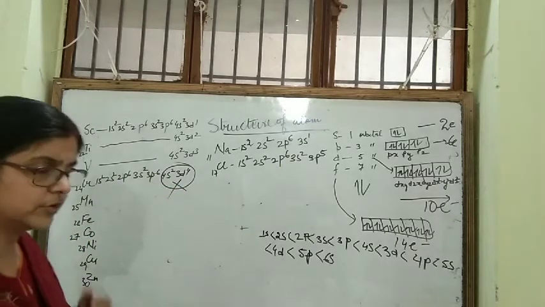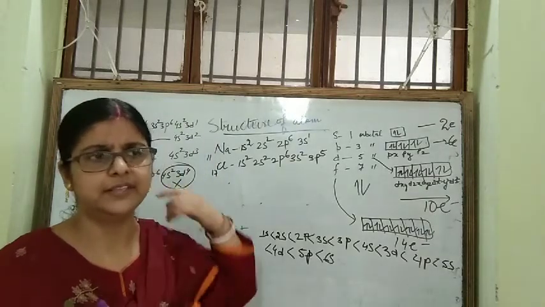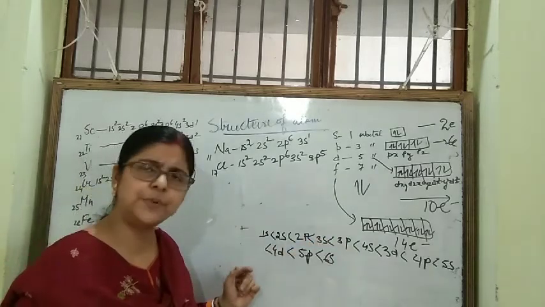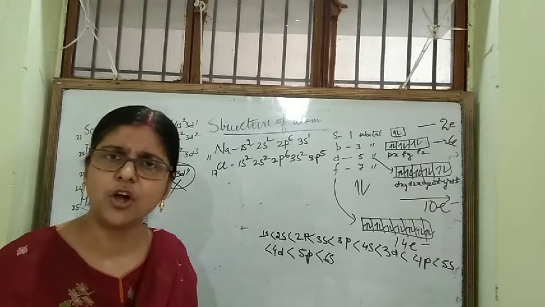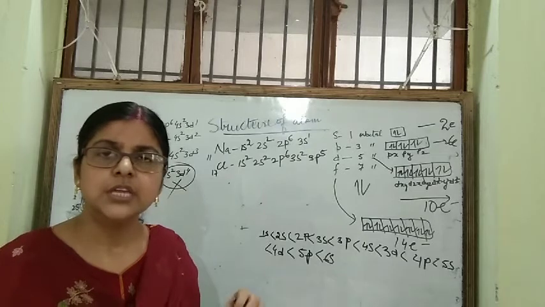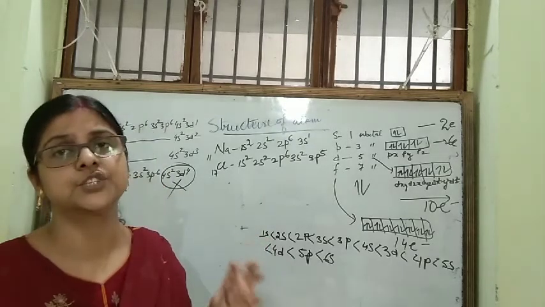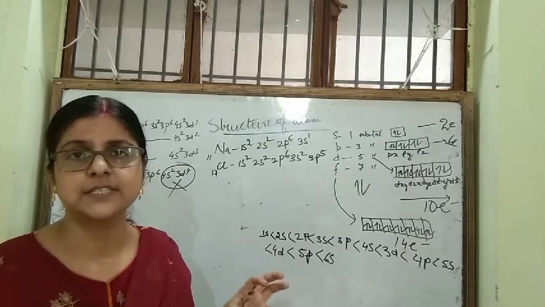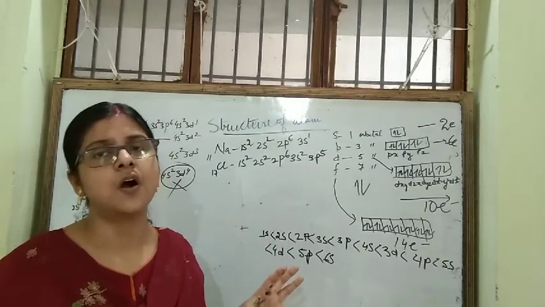Now, a question will arise in your mind. Why is this wrong? Why is the configuration of chromium wrong? We are writing according to the above principle, and that principle states that electrons are filled up in the orbitals in order of their increasing energy. Yes, students, here you will have to lay stress on one point, and that is the stability of orbital.